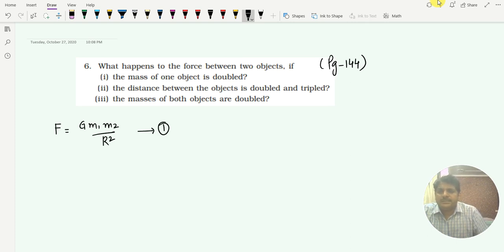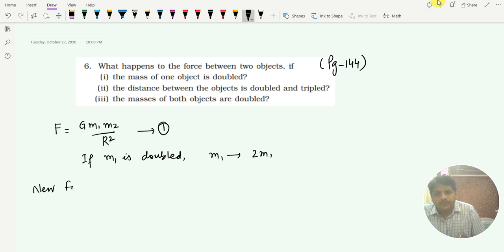Now, the question is, the mass of one of the objects is doubled, then how is the force going to get affected? So, let us say m1 is doubled, then m1 changes into 2m1. So the new force would be equal to, let us say, F1.